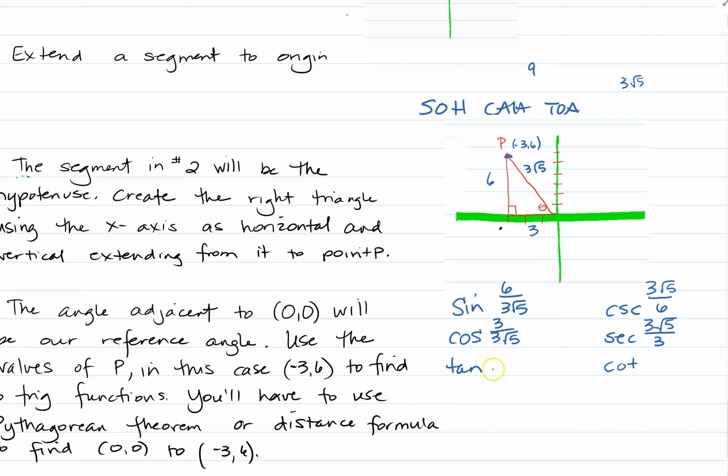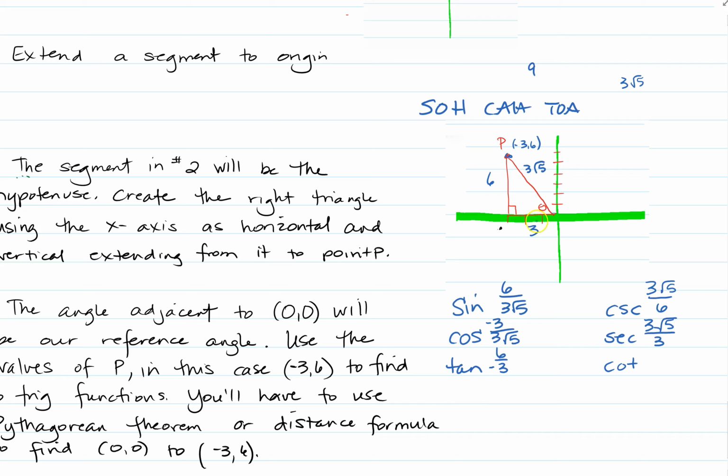And now the tangent is opposite over adjacent, right? So it's 6 over 3. But now I have to be kind of careful because it wasn't just 3. It was actually -3. So I need to make sure I do that.